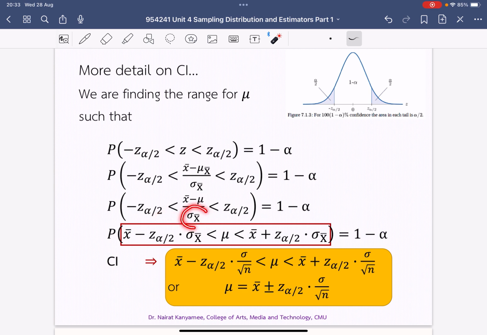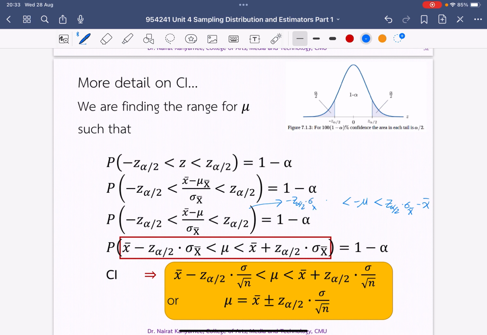This is an inequality, so you multiply sigma to the left and to the right. So it's z times sigma, then you swap mu around. If you solve this inequality, it will give you the next line. Minus mu is going to be less than z alpha over 2 times sigma x bar minus x bar on the left, and then we swap the sign around.